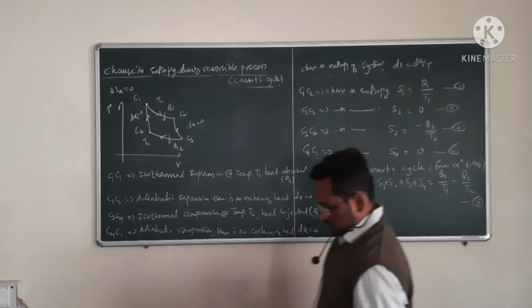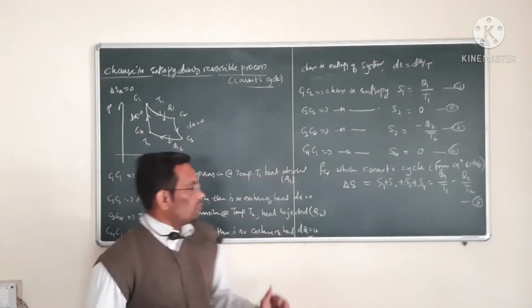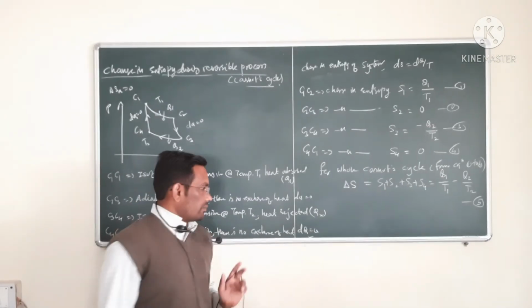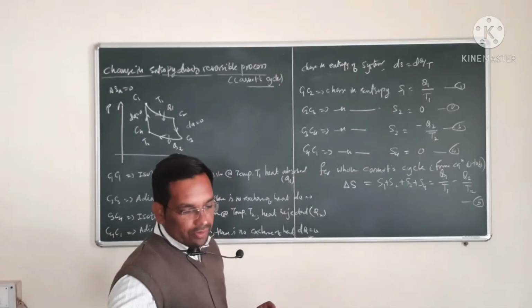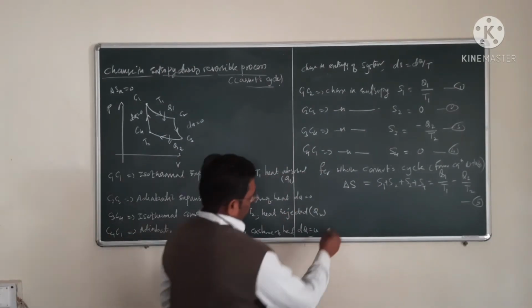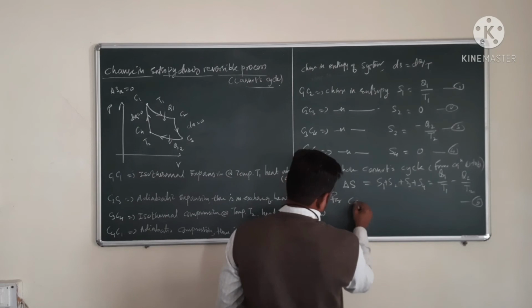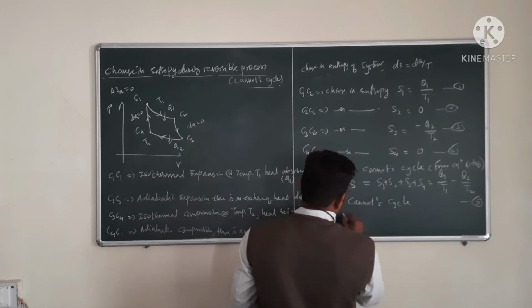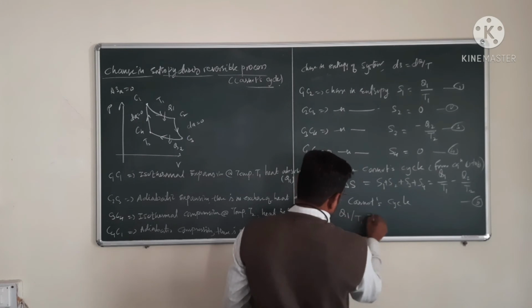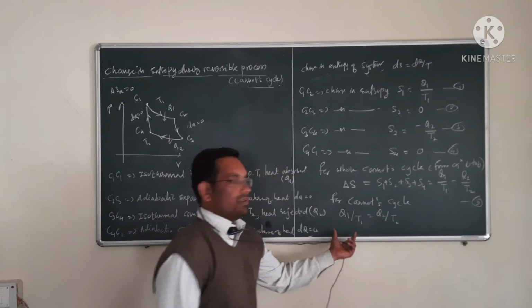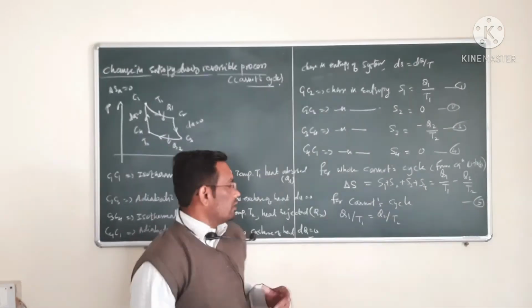Again, for the Carnot cycle, we are going to derive a relation in chapter number 3, so we are using that relation. For the Carnot cycle, Q1 divided by T1 is equal to Q2 divided by T2. This is the equation we are going to derive in the next chapter.